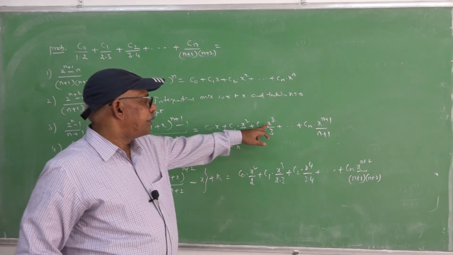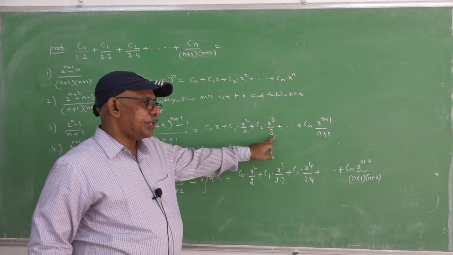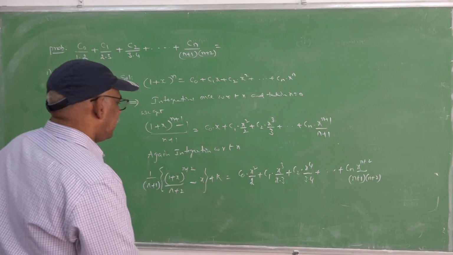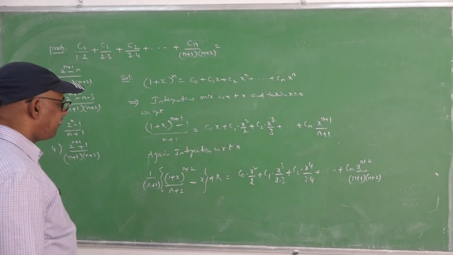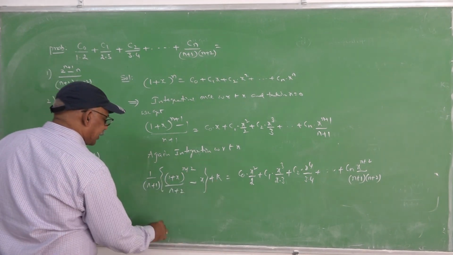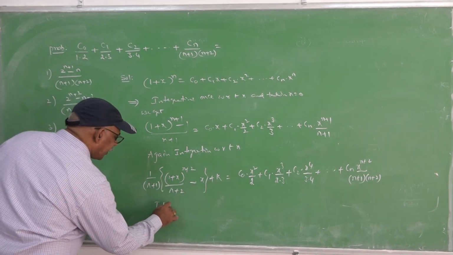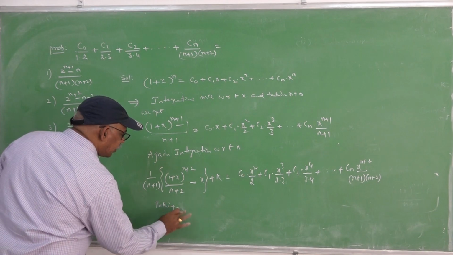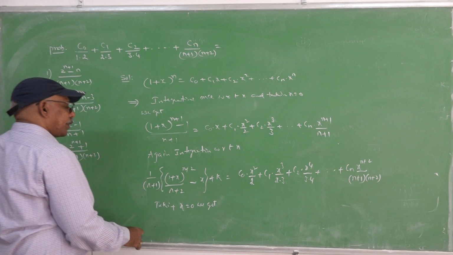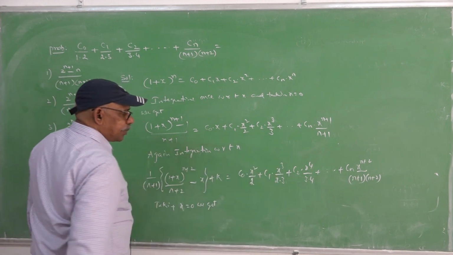Integrating x cube, we get x power 4 by 4. So already 3 is here, 3 into 4, like that. Here, to get this integral constant, taking x equal to 0, we get the terms become 0.